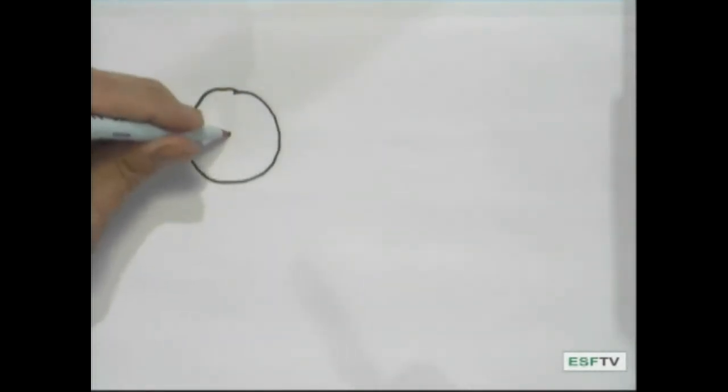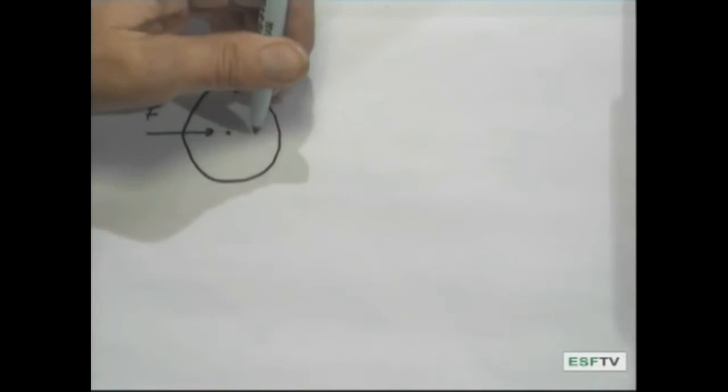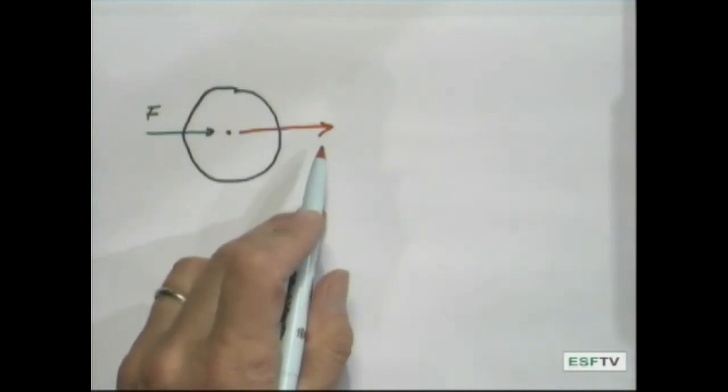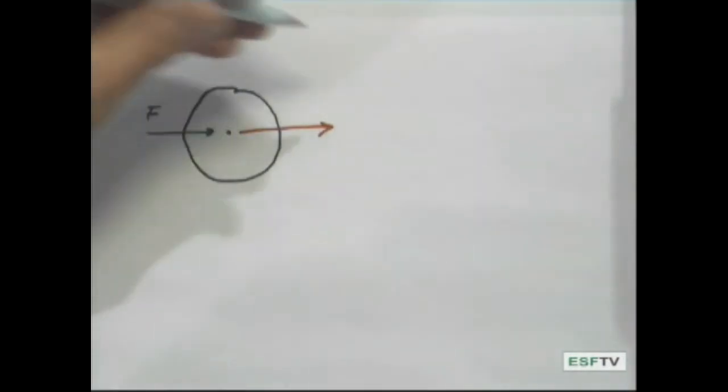So let's take the motion of a body. And again, we have our center of mass right there. And let's say that we have a force acting in line with the center of mass, just like we had before. All the momentum that is imparted to that object is going to be translational momentum. So if we draw this momentum as a vector, the translational momentum is going to be an arrow of a magnitude that's proportional to the momentum.